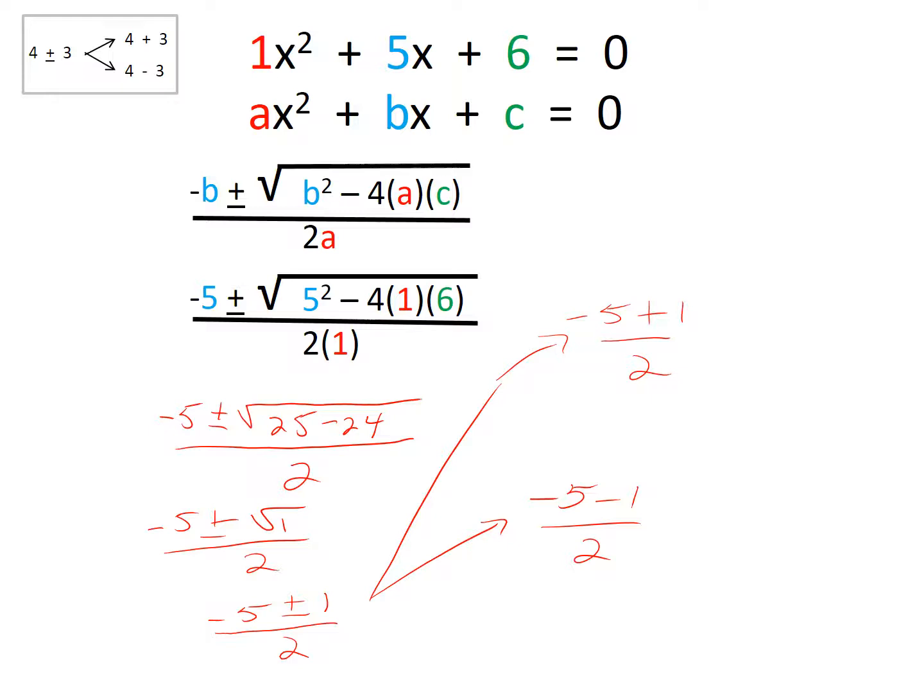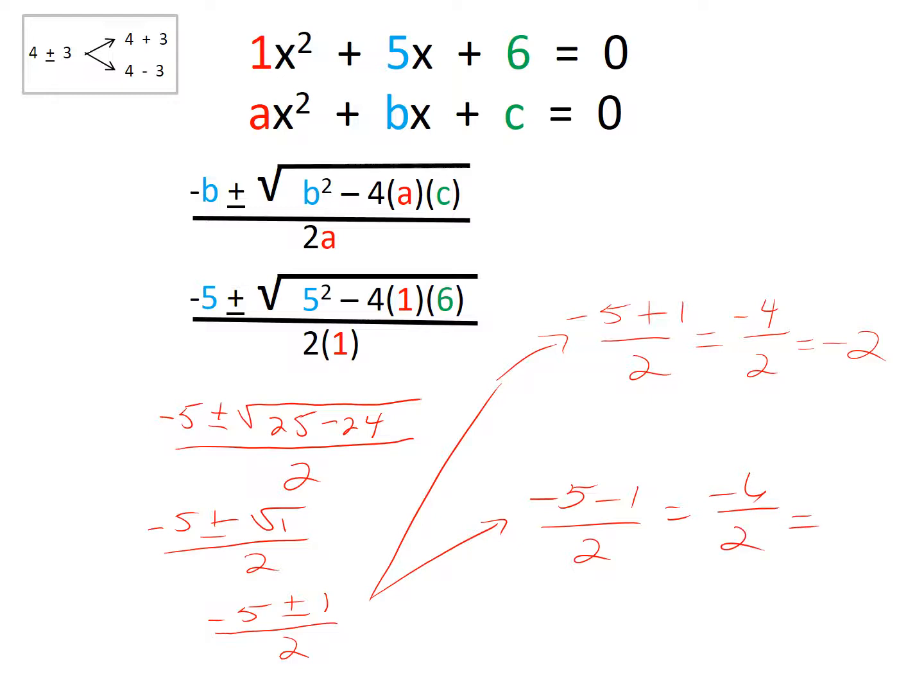So if we combine terms here, negative 5 and positive 1, that's negative 4, over 2, and we could simplify this to negative 2. And the other expression, negative 5 minus 1, that's negative 6 divided by 2.